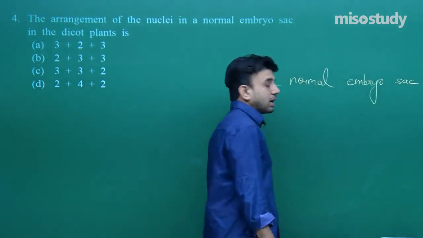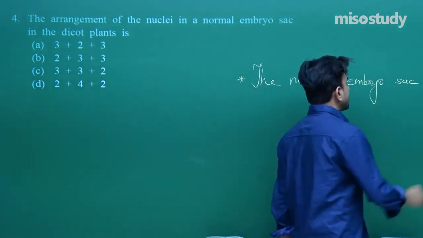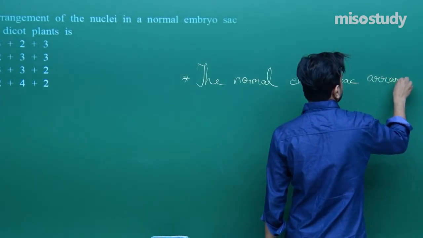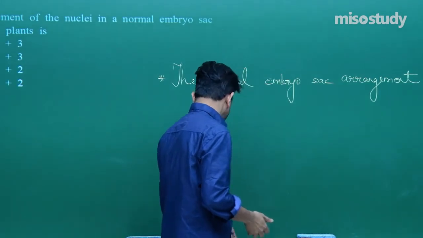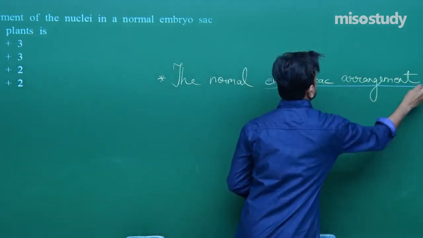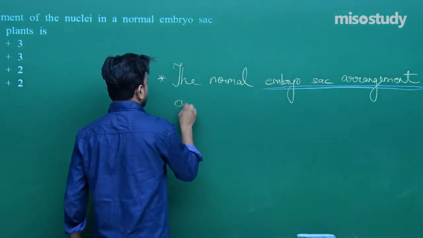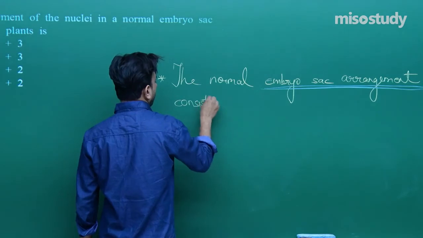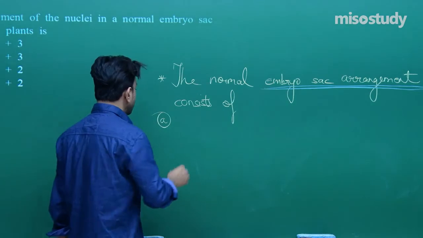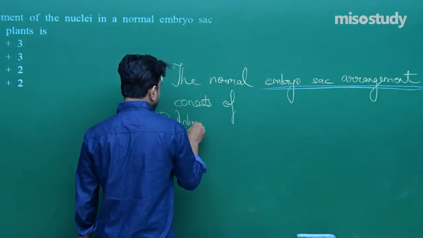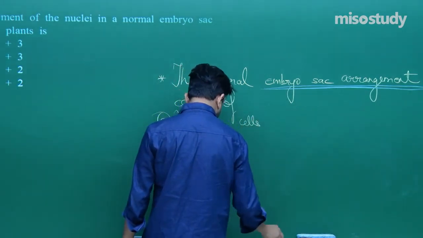The normal embryo sac arrangement consists of the antipodal cells.